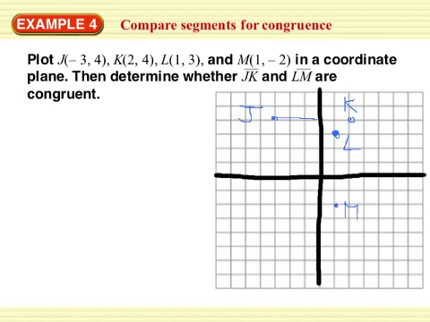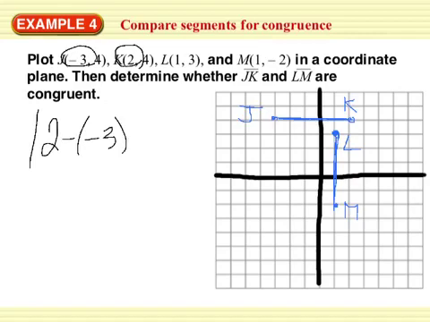So I have JK and LM. Okay, determine if they are congruent. So I can use the ruler postulate, and since J, K are on the same point, my x-coordinate is 2 and -3. So I can say 2 minus a -3 is 5.